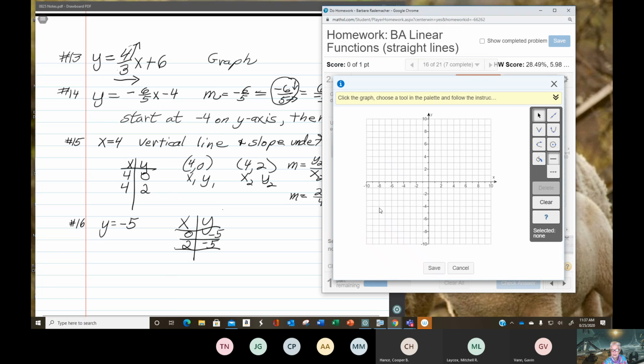So I come over here, hit the line. I'm going to graph the point (0, -5). X is 0, y is negative. Oh, go away. Clear. Okay. (0, -5). And (2, -5).